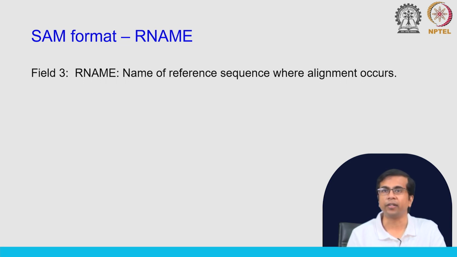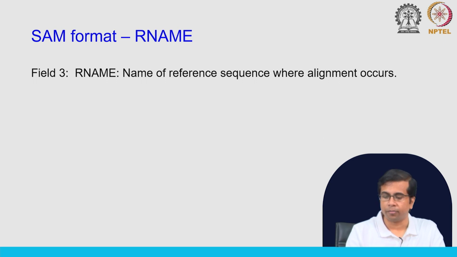Reference sequence means, depending on the data, if it is stored as chromosomal data, it will give you the chromosome name. In the FASTA format file that we used in the mapping process, we have the chromosome name, number, or some sort of ID. In RNAME it will just give that chromosome ID, and then you will also have a field that gives you the position.